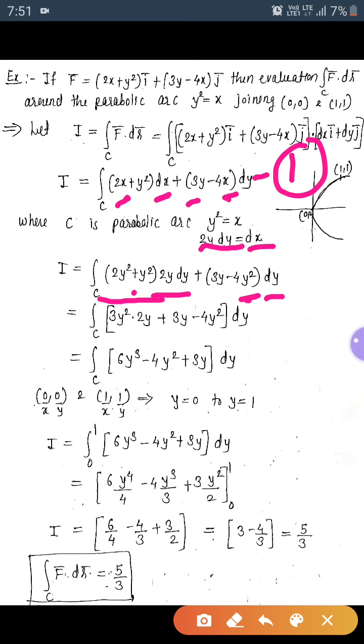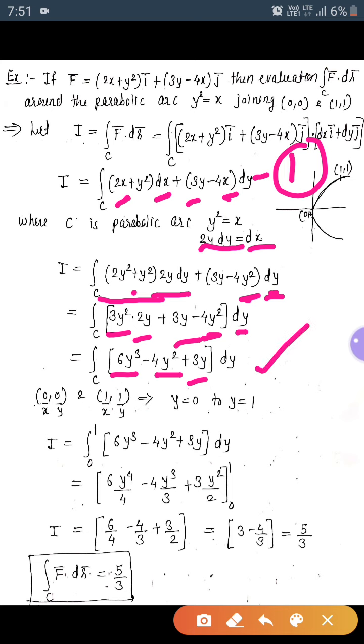So 2y squared plus y squared is 3y squared, multiplied by 2y, plus (3y minus 4y squared) multiplied by dy. So this is equal to 3y squared into 2y is 6y cubed, then the square term which is minus 4y squared, and next plus 3y. Integration is with respect to dy.